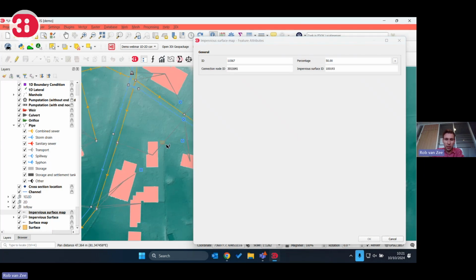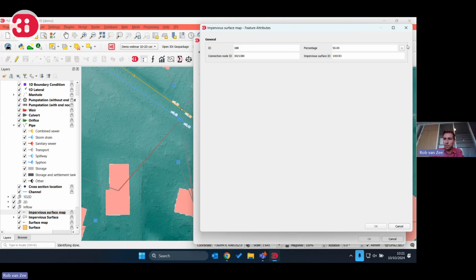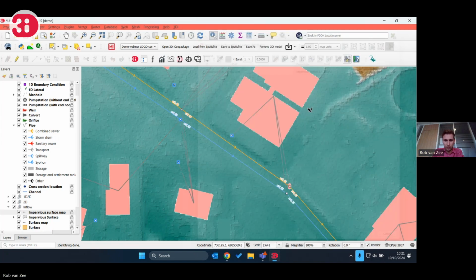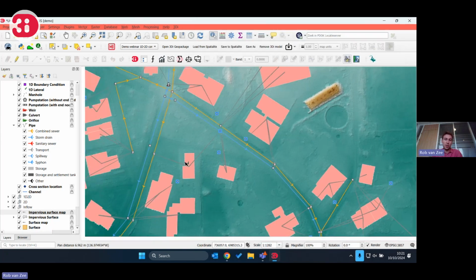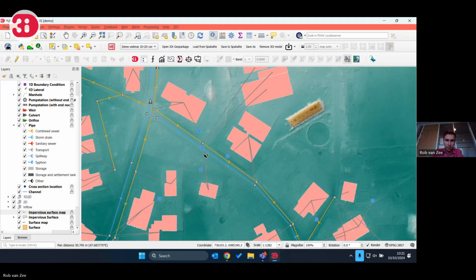And 50% is going to this connection node. And what's happening then, if it's raining a lot, then water gets put into the sewage system directly. So when it rains on roofs, water flows over this impervious surface mapping and gets into the sewage system. So that's a 0D, 1D coupling.